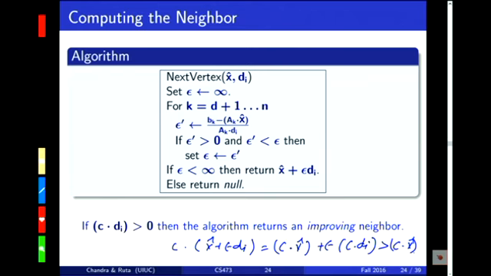Yeah. What does epsilon less than infinity mean in the last two lines? You're saying what if epsilon is negative? Epsilon less than infinity, the last second line.